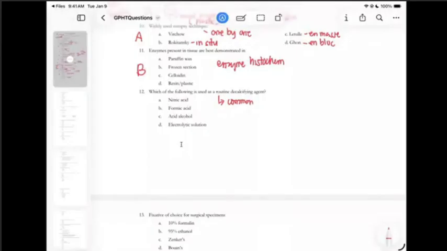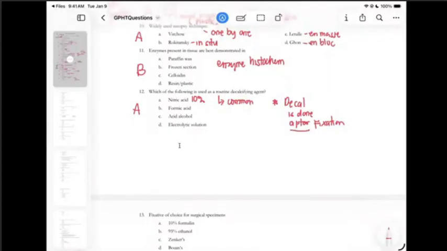So we use here nitric acid. It's number 12, letter A. Around 10% nitric acid is used as our decalcifying agent. Decalcification is, of course, done after fixation.